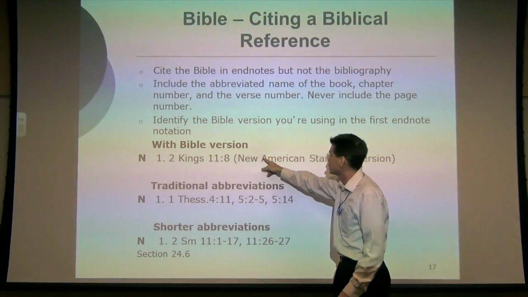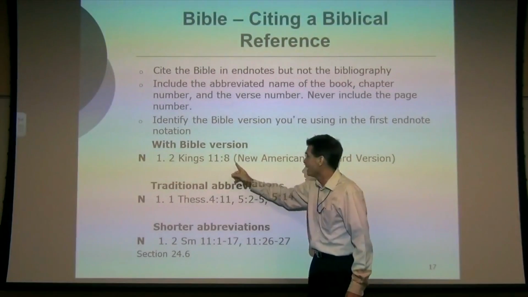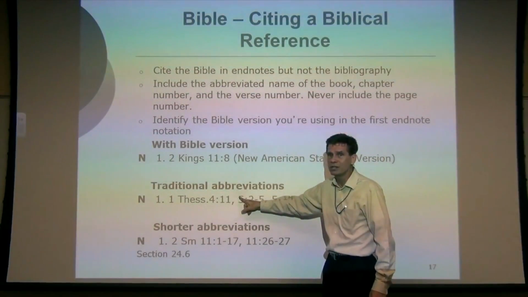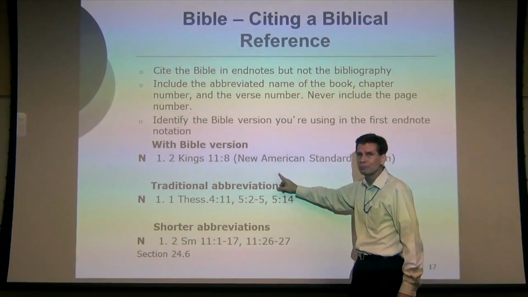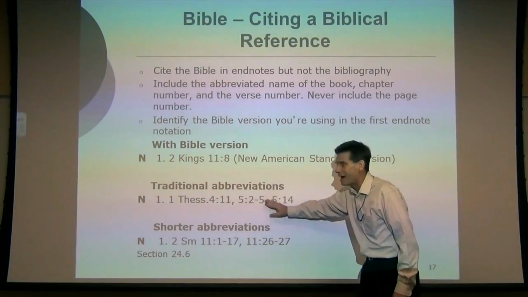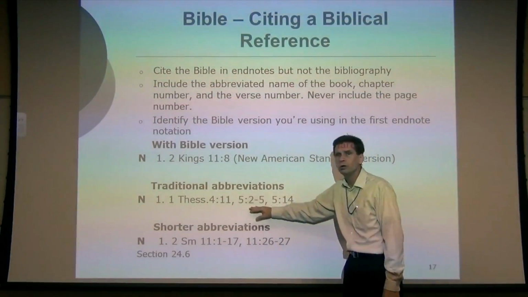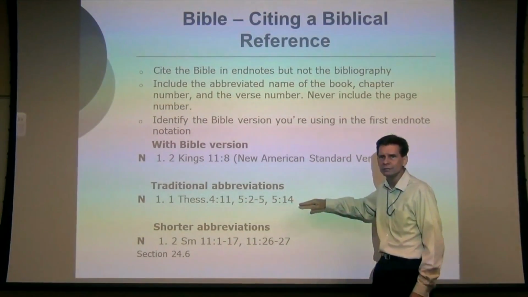So if you use this one, New American Standard, and the second one was the Message, you would have to write the Message. If the third one was back to the New American Standard, you'd still have to write out New American Standard because you had something in between it. But if after that you use the New American Standard the rest of the way, you wouldn't have to fill out that entire name because they'd know it was the last one mentioned. All right?